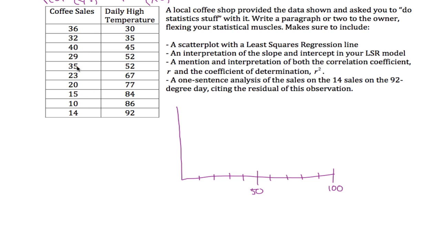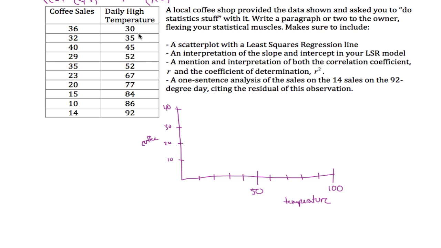And then coffee sales, they go up to 40. So 10, 20, 30, 40. Good enough. If you want, you could label these and make it pretty. This is temperature in Fahrenheit, presumably, because otherwise that'd be pretty hot. And here's coffee over here.